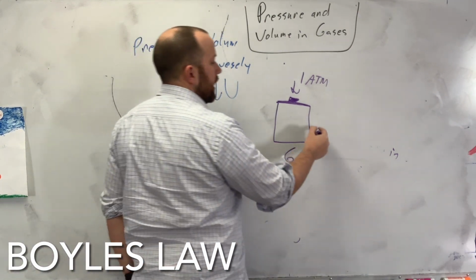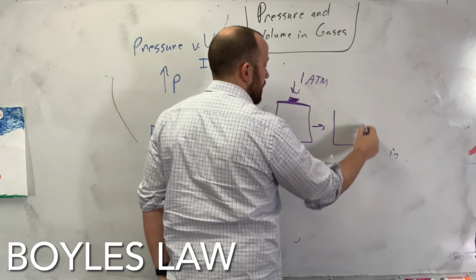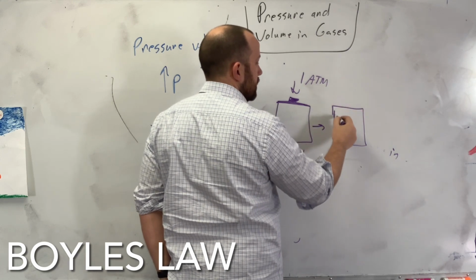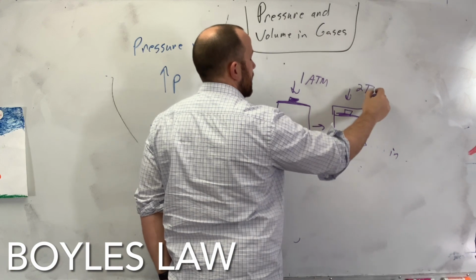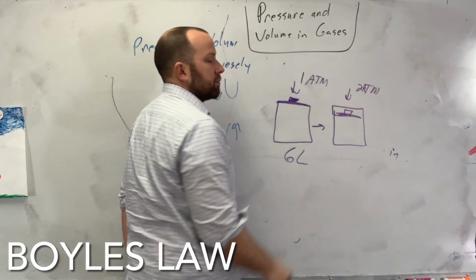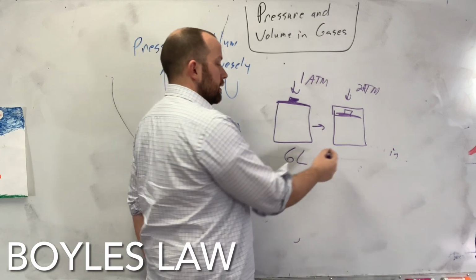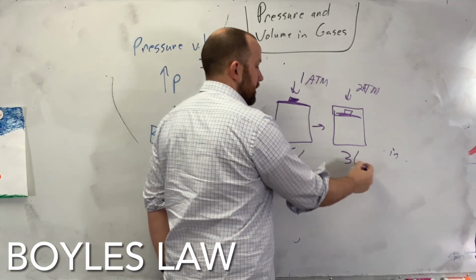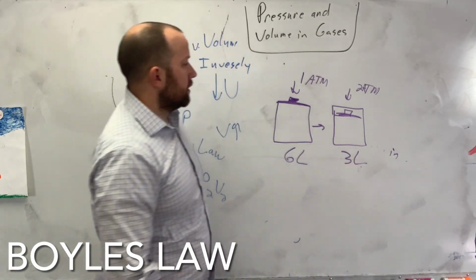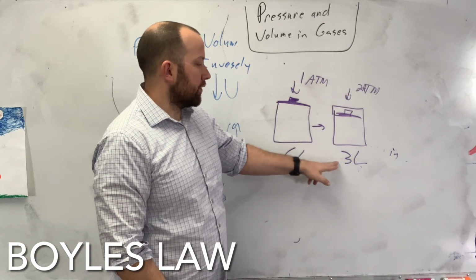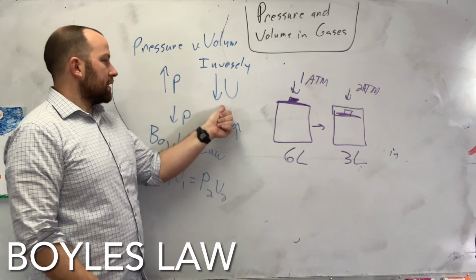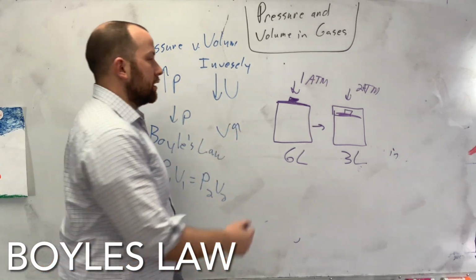Now I apply 2 atmospheres of pressure onto it. This has to be 3 liters, because as the pressure goes up, the volume has to go down, and this still equals 6.